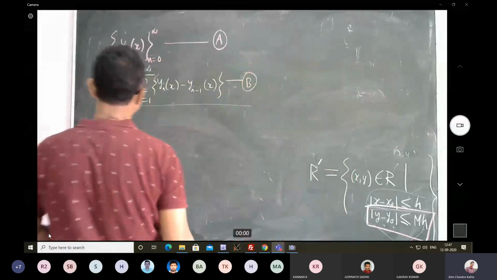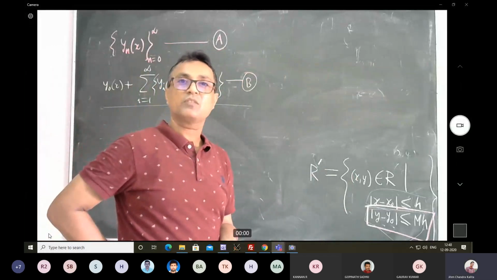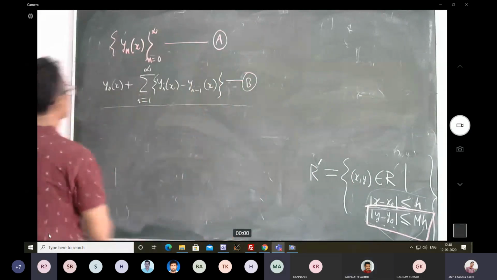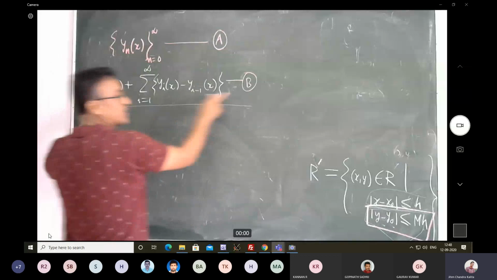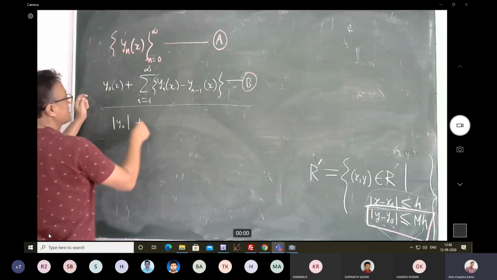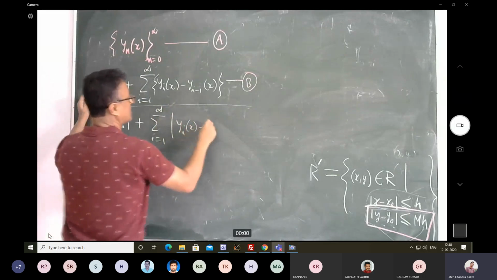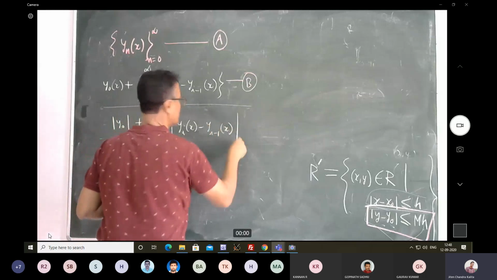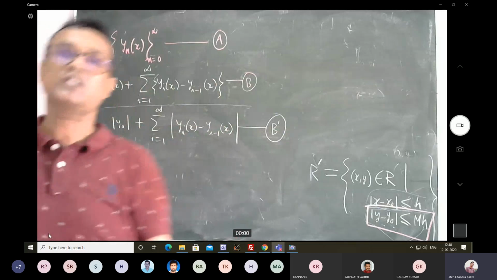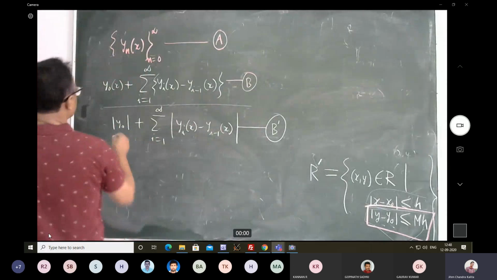For that, you know the concept of absolute convergence, right? Term by term convergence. So in order to prove that this series is convergent, if I can prove that the corresponding absolute series, let me call it B prime, is convergent, my job is done. So let us break it down.